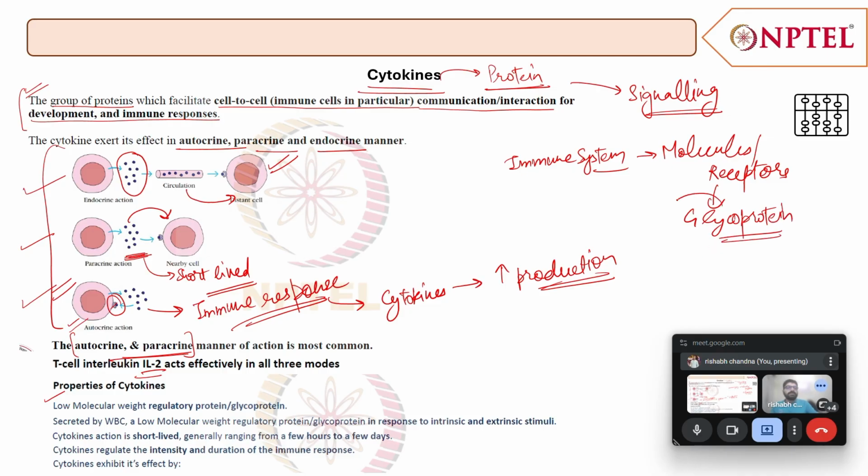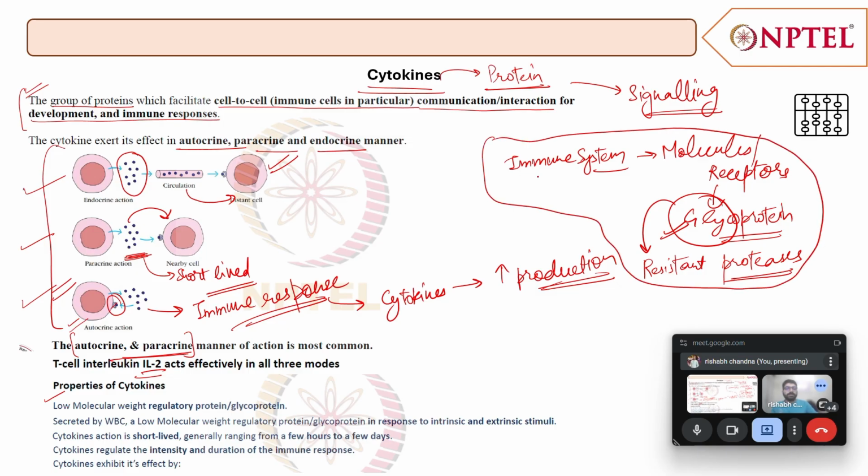Why is a glycoprotein important here? So that it will be resistant to the attack from proteases. That's why most of the immune system related proteins are glycoproteins.